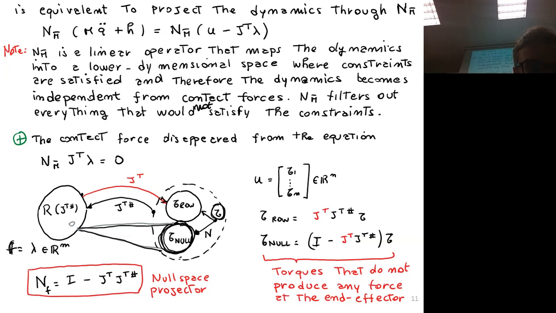So if you have, for example, these constraint forces that are mapped into torque through the Jacobian transpose, so you are here in the row space, and you multiply by the null space projector, you see that you get 0. That's why this multiplied by that disappears and remains only the torques.